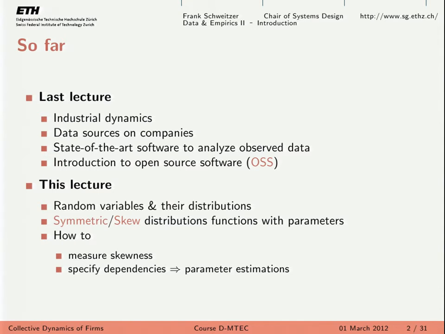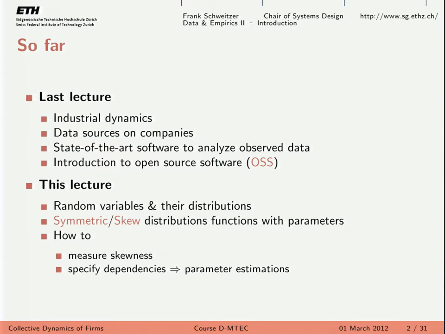We will talk today about random variables and their distributions. In case you took a course in computational statistics already, there is not much new for you, but for all those who are average MTech students, we found it useful to recapture some of the basics here.